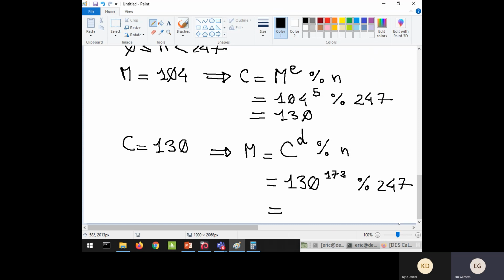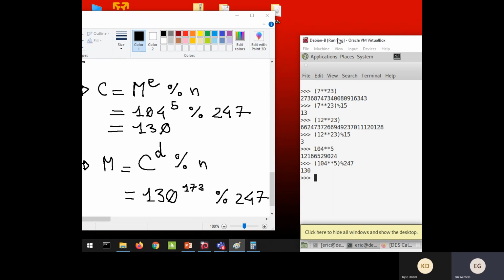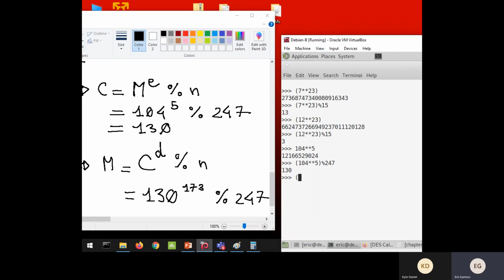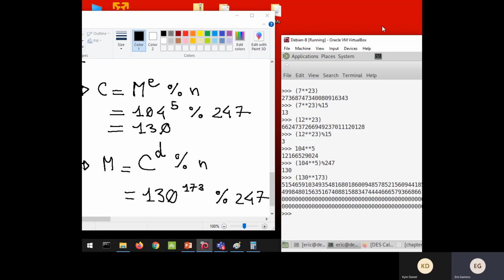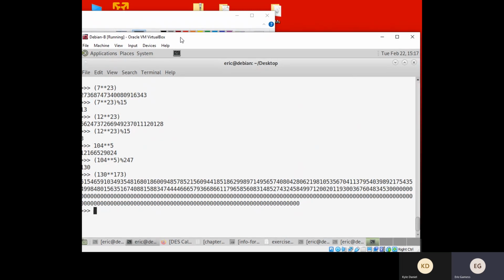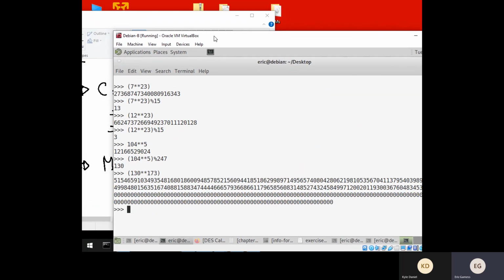So let's ask Python to do that for us, because we might take some time to compute that. 130 to the power 173. Let's ask our friend to do it for us. Look at the integer. It doesn't fit in one line. It fits in 4 lines, as you can see.